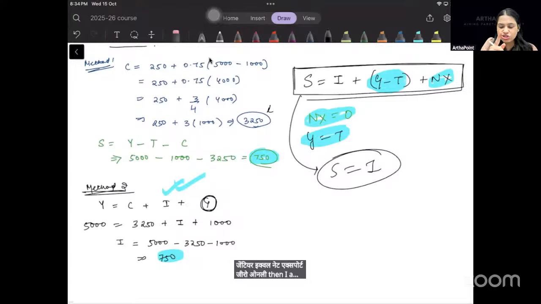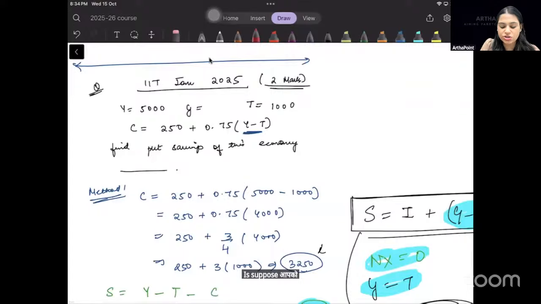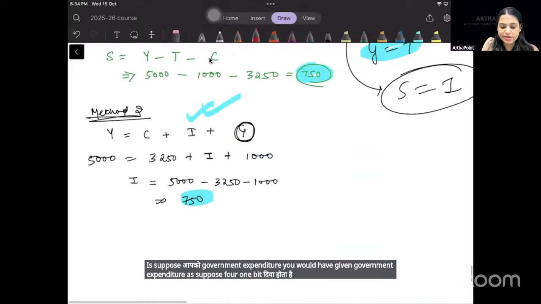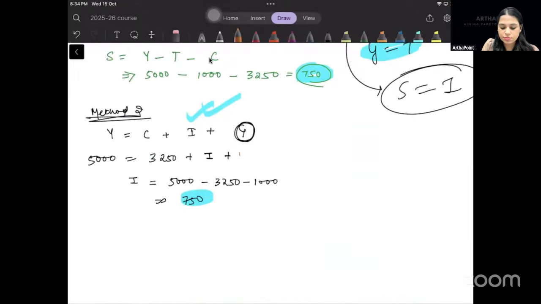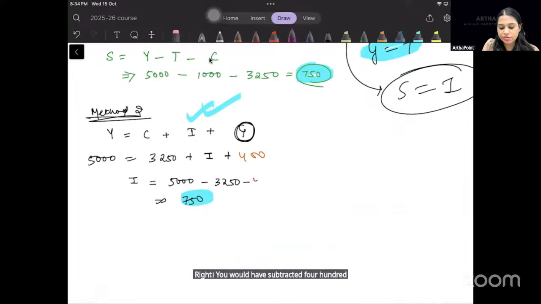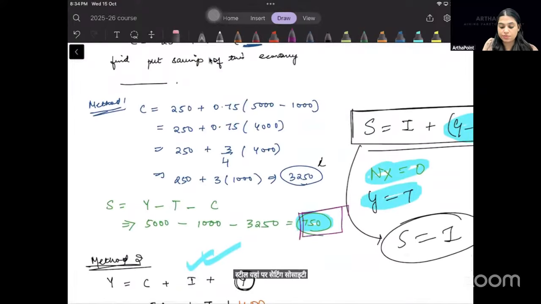Only then. Just imagine in this question कि suppose आपको government expenditure, you would have given government expenditure as 400. Suppose 400 दिया होता. You would have plucked 400 here. Right? You would have subtracted 400 here. You would have got a different answer here. Still, यहाँ पे savings would have been 750 only. Because here savings के लिए you have not used G at all.